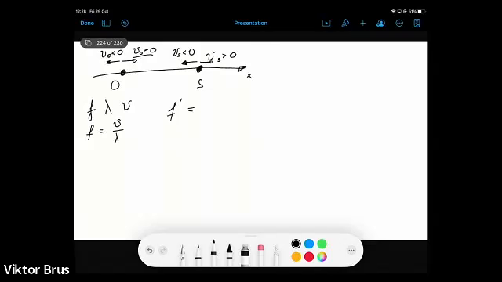So we need to add up these two speeds. That will be the speed of sound plus the speed of the observer divided by lambda. Lambda is the wavelength which is generated by the sound source.